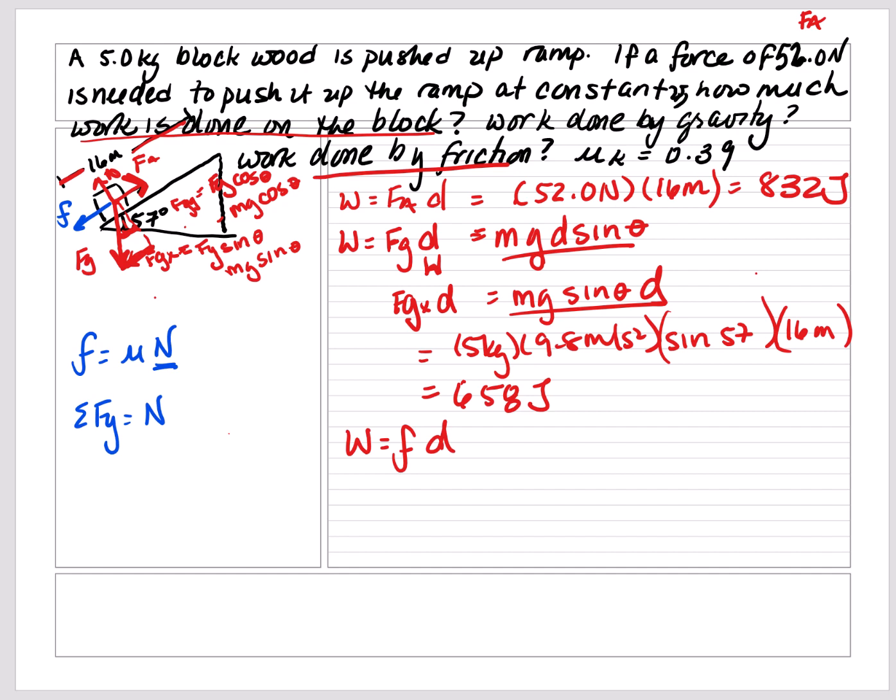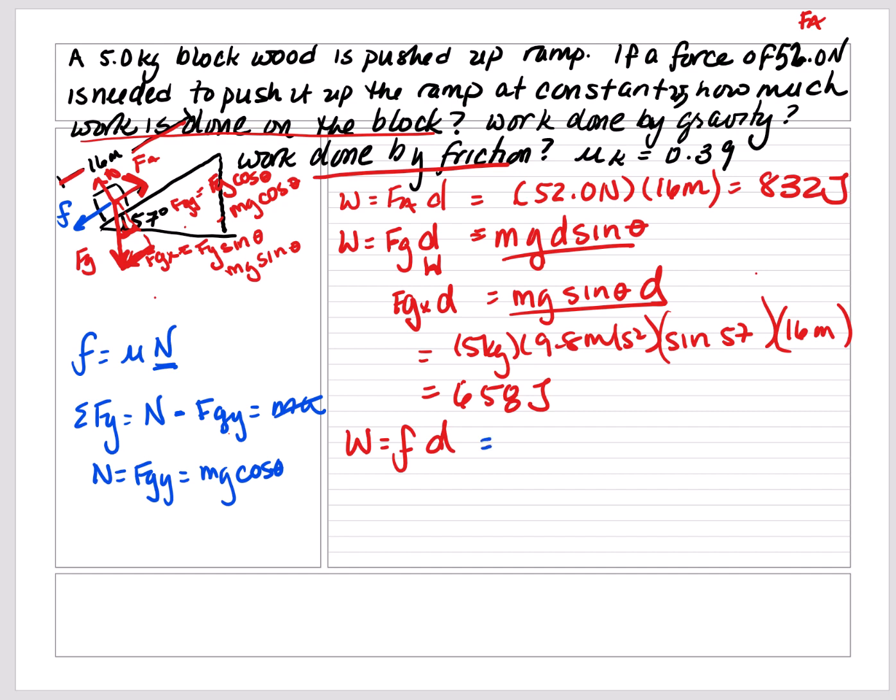N is going up, so I'm going to make it positive. It's going to be opposed by Fgy. This is equal to ma. Ma is equal to 0 because there is no acceleration in the y direction. So N is Fgy, or mg cosine theta.